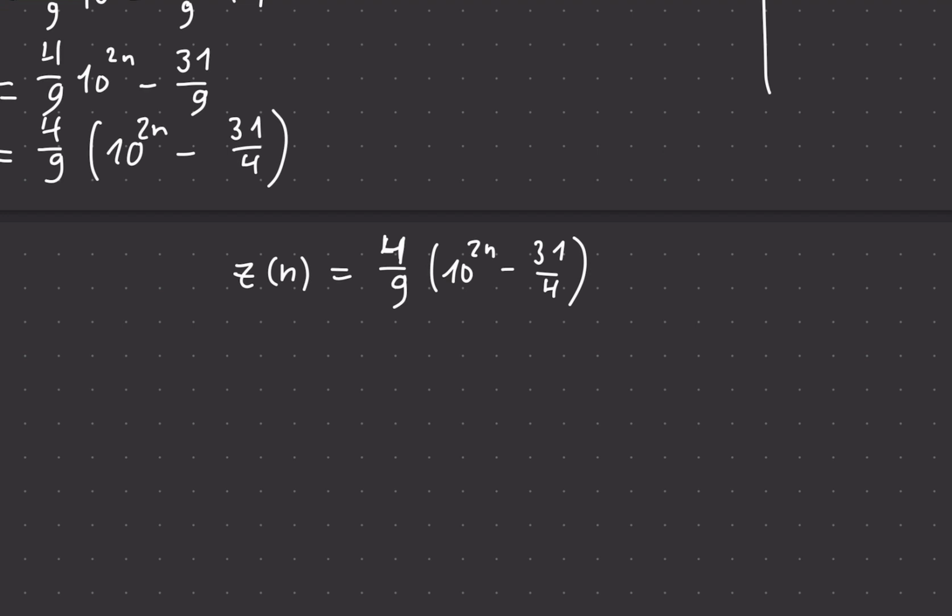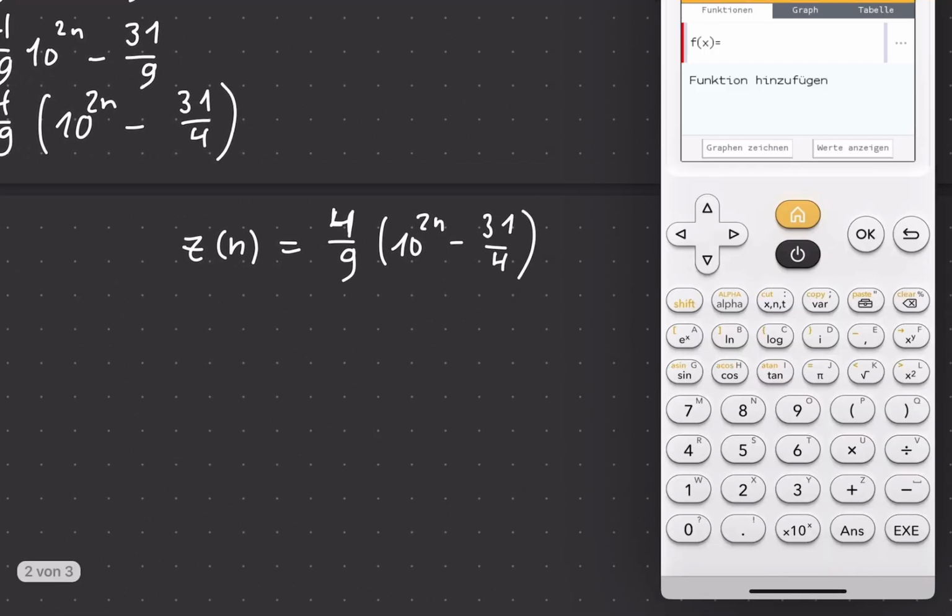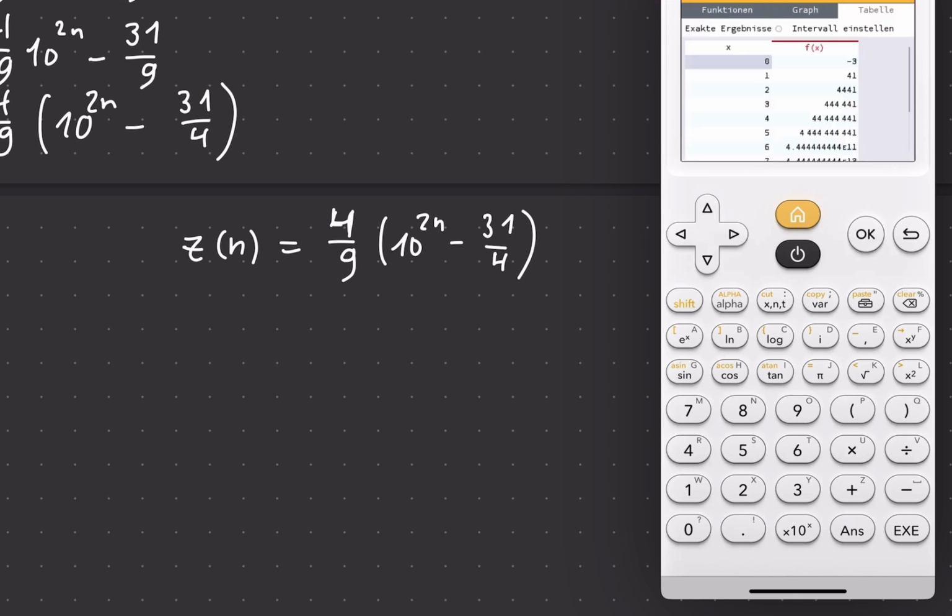All right, so let's go to our calculator. Let's add our function f of x, 4 divided by 9 times 10 to the 2x minus 31 divided by 4. Alright, let's see that the table indeed gives us the numbers we want.